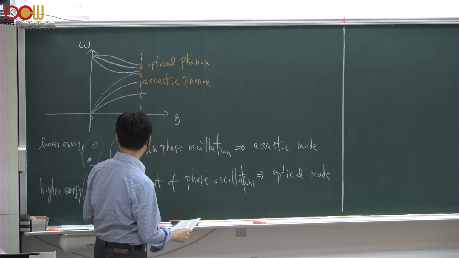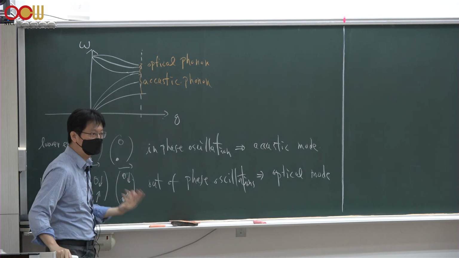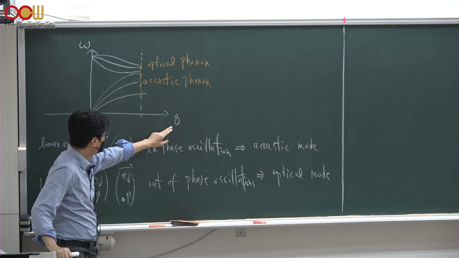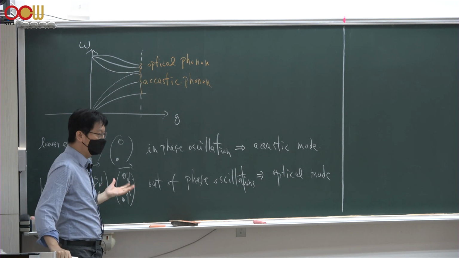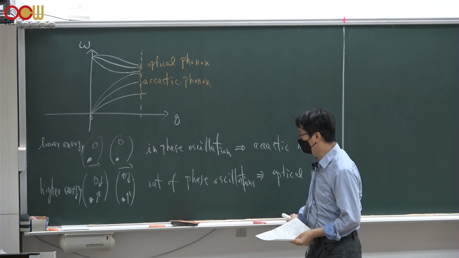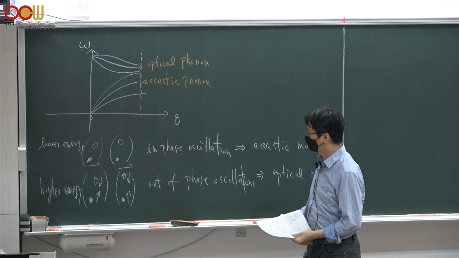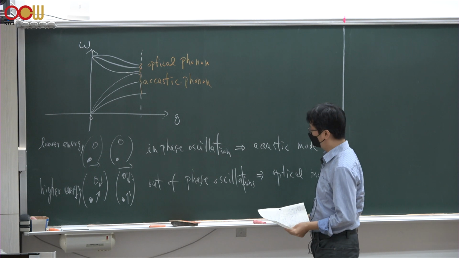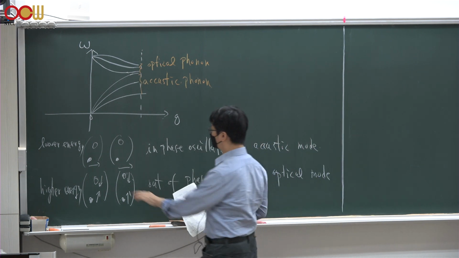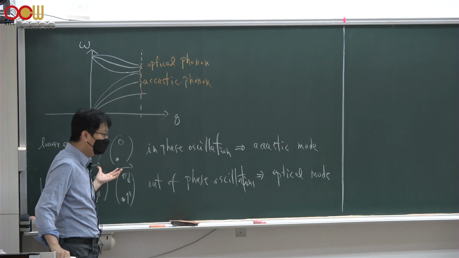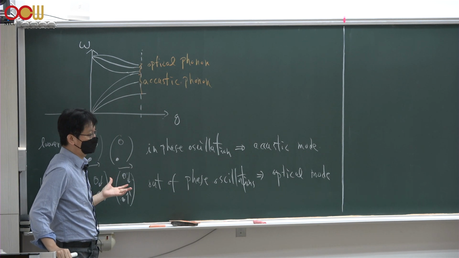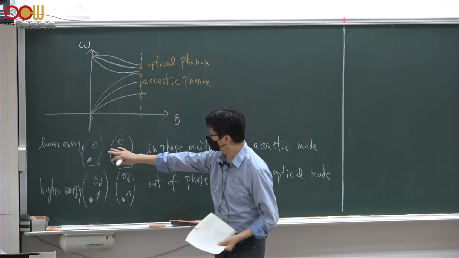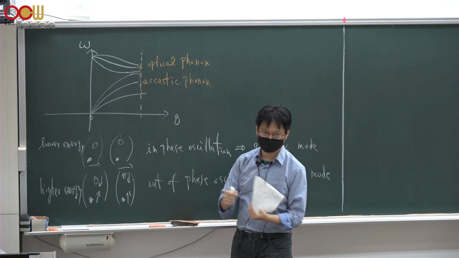In fact, the normal mode vibrations of these six phonon modes per q value can be shown to have different relative phases between the empty sites and the solid sites. For example, the acoustic phonon, the low energy branch, shows so-called in-phase oscillations. In-phase oscillations refer to the fact that both empty and solid atoms are moving together.